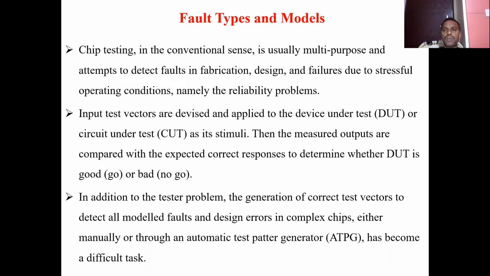For that, we can write code to generate the test vectors. Another option is to generate test vectors using automatic test pattern generation, that is ATPG.